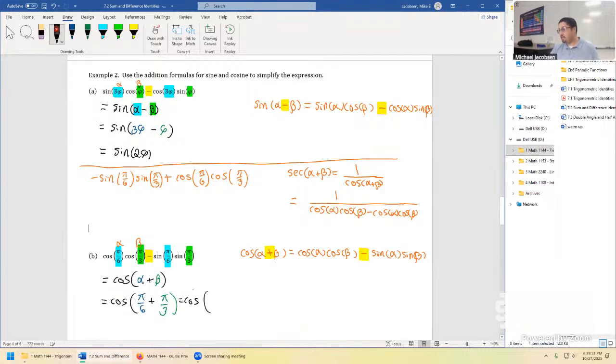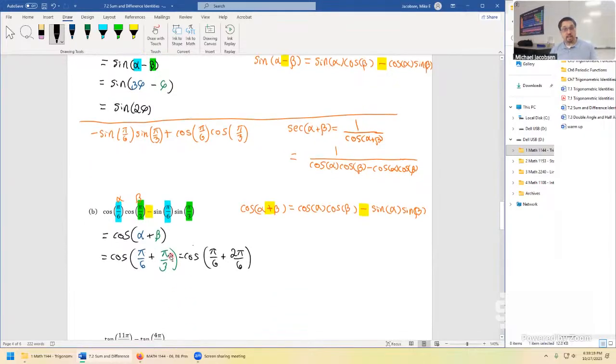It equals cosine pi over 6 plus 2 pi over 6 to get the least common denominator. All I did was multiply that fraction by 2 over 2. Now it's equal to cosine 3 pi over 6. Now it reduces further. Cosine 3 pi over 6 is just cosine pi over 2. But cosine pi over 2 is exactly 0.